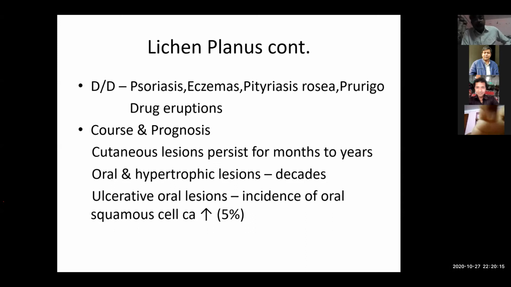It is extremely pruritic, so obviously antihistaminic, antipruritic agents have to be given, and for a long time. For systemic medication, you can use oral corticosteroids to control the flare-up and then gradually taper off and move on to topical corticosteroids for follow-up or maintenance. Even some other immunosuppressives like systemic methotrexate, azathioprine can also be given in severe cases of lichen planus.